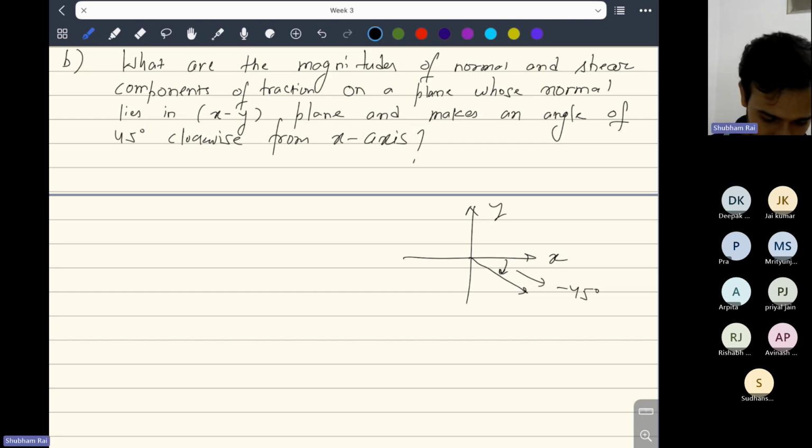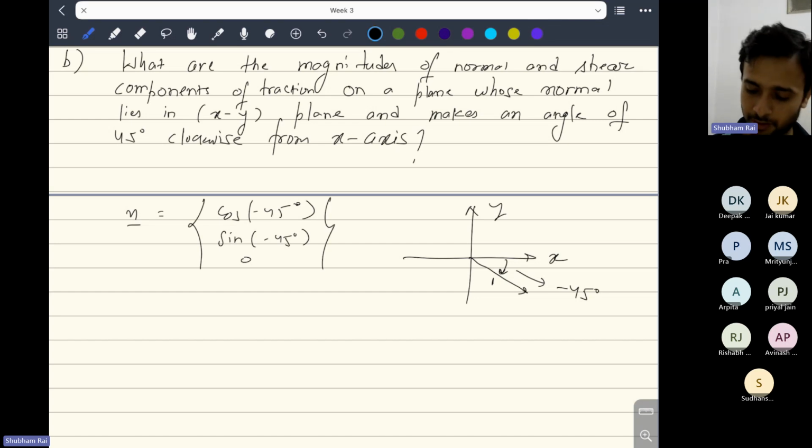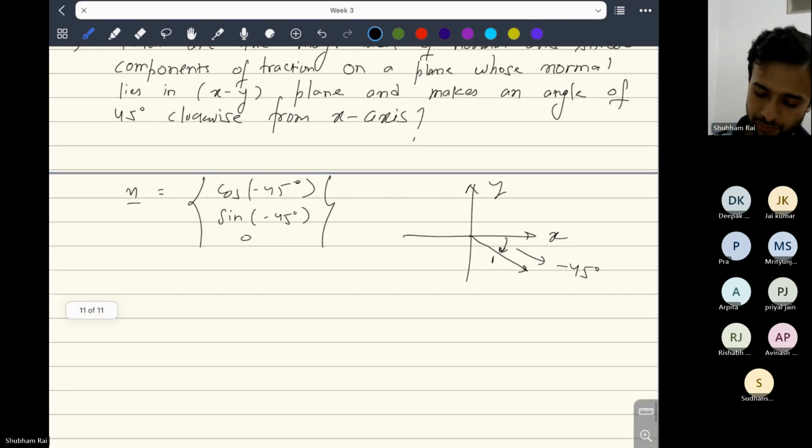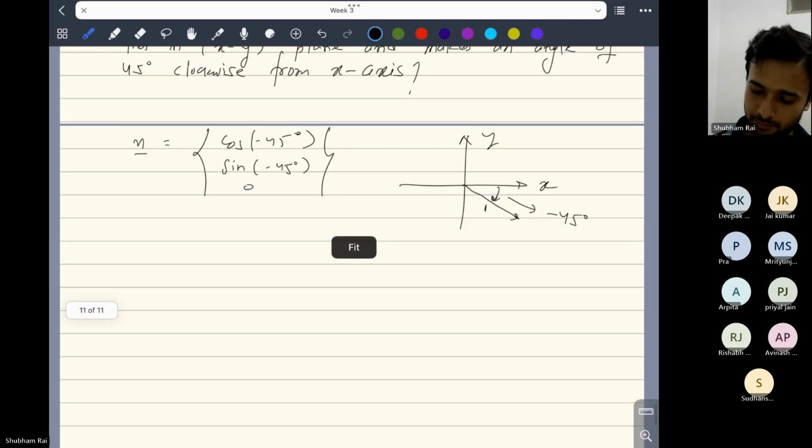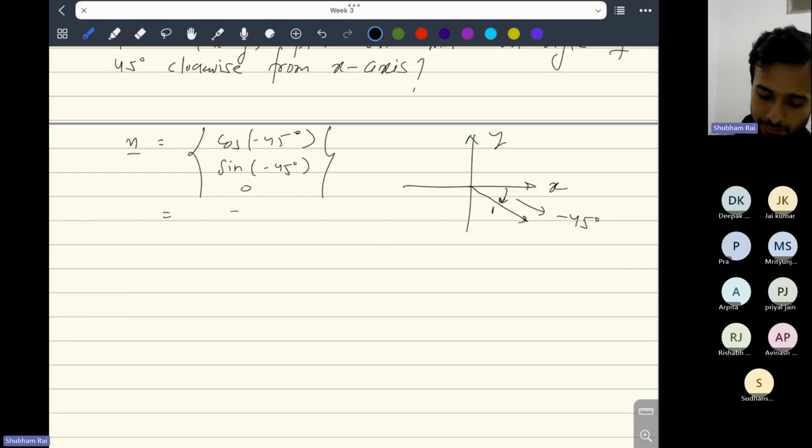Let's take a unit vector here because we have to take the unit normal vector. So n will be given by first component cos of minus 45 degree along x-axis, and sine of minus 45 degree, and third component will be 0 because it's in xy plane. Okay, so that will be nothing but minus 1 by root 2, minus 1 by root 2, and 0.